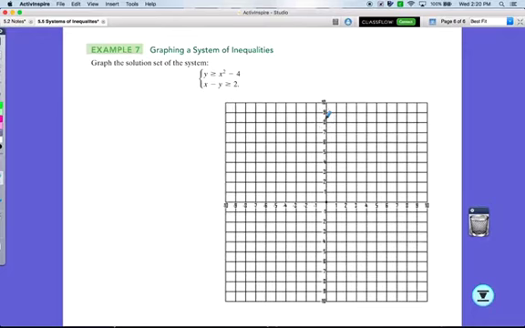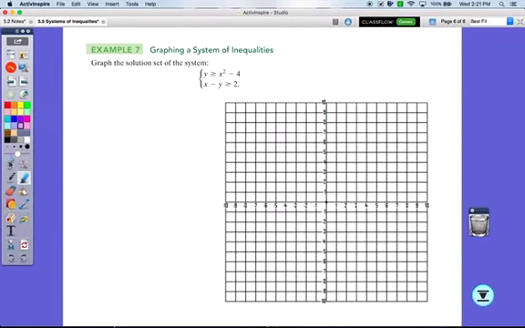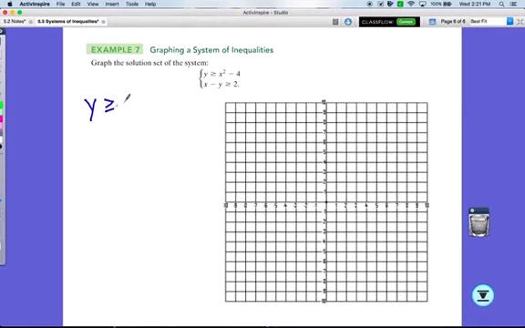Finally, let's look at example 7. The first inequality is not a linear inequality. It's a quadratic: y is greater than or equal to x squared minus 4. We have to remember what that graph looks like. x squared is quadratic, so it's going to look like a parabola.